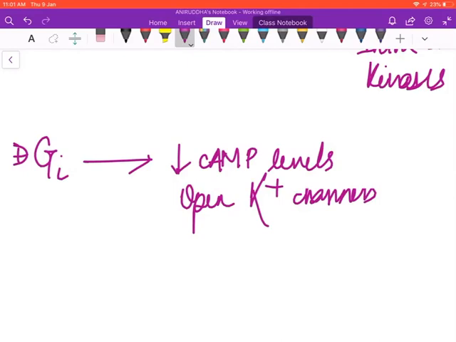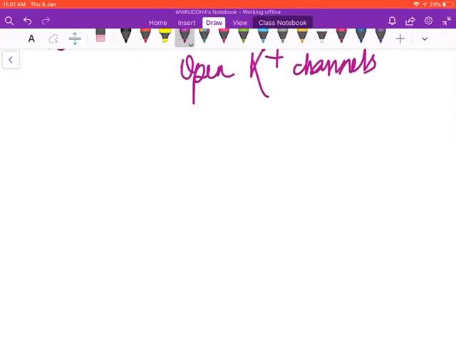Now there are two more types of G protein coupled receptors. The first is the Go type. In all the previous G protein coupled receptors, the alpha subunit will dissociate from the beta and gamma subunit and activate the various enzymes which I've mentioned, like phospholipase C and adenylate cyclase.